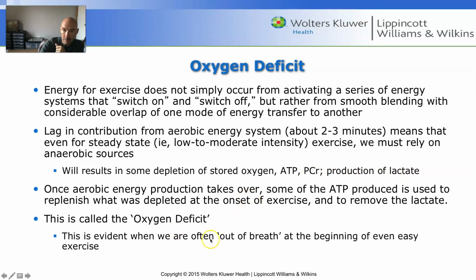So again, we're creating this deficit where a lot of the oxygen that we then have in our body during the initial minutes of exercise, let's say from minute 3 to 10, we're using that extra oxygen to replenish some of these things, right? We're using some of that oxygen to get rid of some of the lactate that we produced, right?